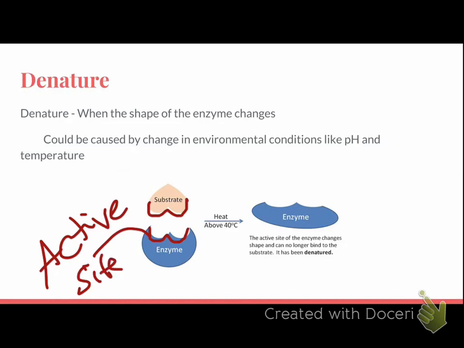So now this enzyme, if I change the heat to be above 40 degrees Celsius, that's not optimum. That's not ideal for this enzyme for whatever reason, wherever this is found. So what's going to happen is the active site of the enzyme changes and can no longer bind to the substrate. So it has been denatured. So you can see the shape it's kind of similar, but this is not going to be able to fit in there.